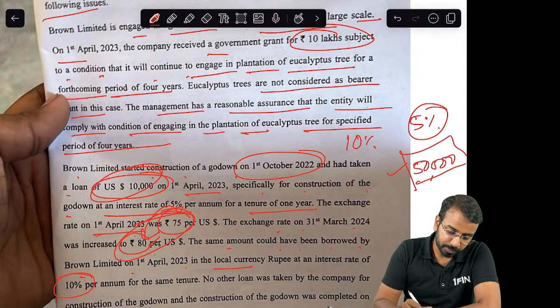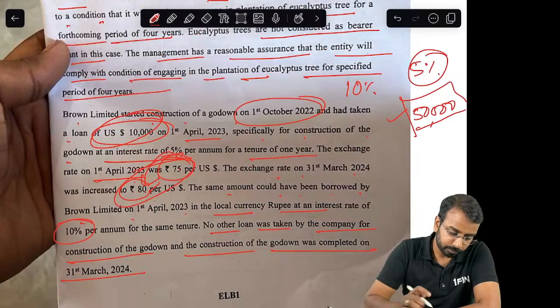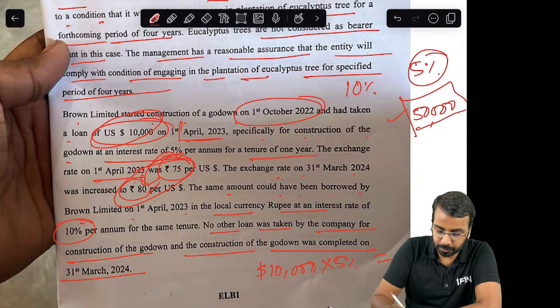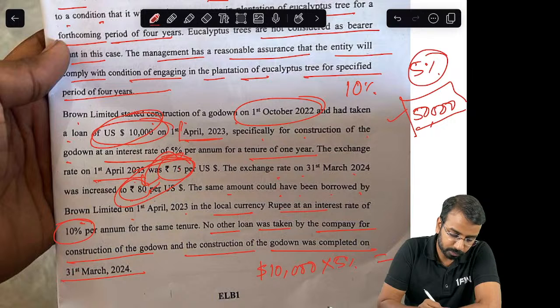The same rupee, no other loan has been taken by the company for the construction of godown, and construction of godown was completed on 31st of March. Okay. So loan was taken on 1st of April. So interest, if you see, $10,000 into 5%, this is equal to $500. Okay. And this will be paid at the rate of 80. So this is one aspect.